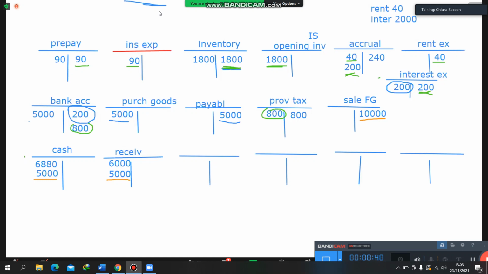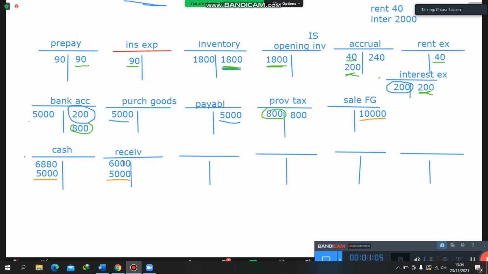Okay. Now, we've gone to the annual insurance premium of 120 paid in advance. So we are going on with the annual insurance expense. We pay using cash, paid in advance.